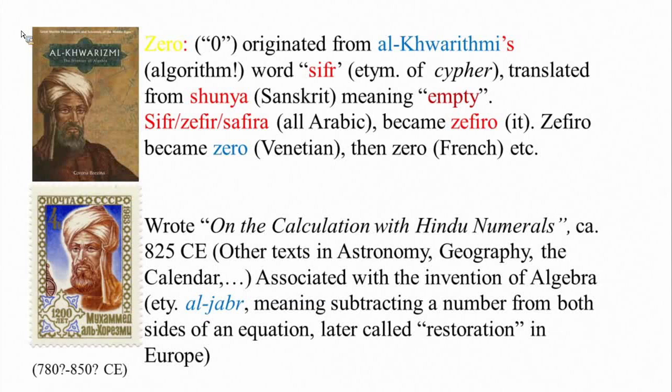And he's credited as being the inventor of algebra. The reason that stuck is because the word algebra came from al-Jabr, which meant subtracting a number from both sides of an equation. So if you have 1 plus x equals 1, you can subtract 1 and get x equals 0. That procedure became part of what was called algebra.